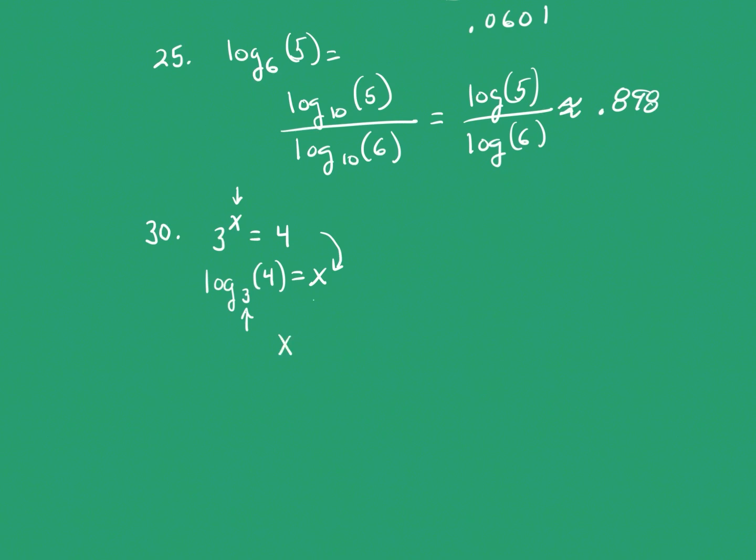So x, I'm just going to reverse these. I'm going to write this in 2 steps. You don't have to do this, but that's the same thing. X equals log 3 of 4. I just switched x and log 3 of 4, left to right. And I can rewrite this as log 10 of 4 divided by log 10 of 3.